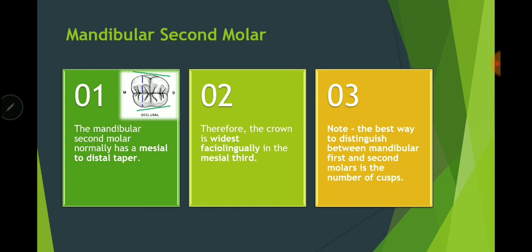And this tooth also has some tapering. The mandibular second molar has a mesial to distal taper. So you can see the mesial side is wider and the distal side is narrower. Therefore the crown is widest in the facial lingual.